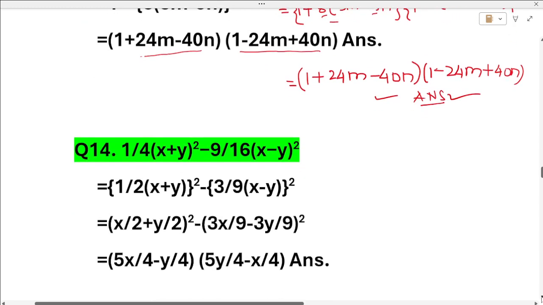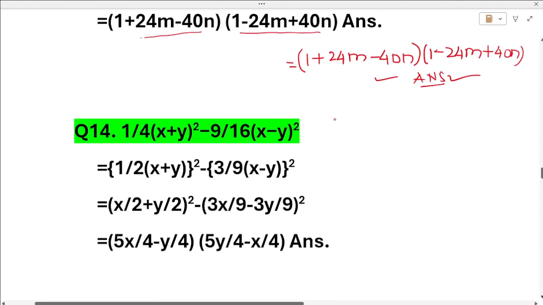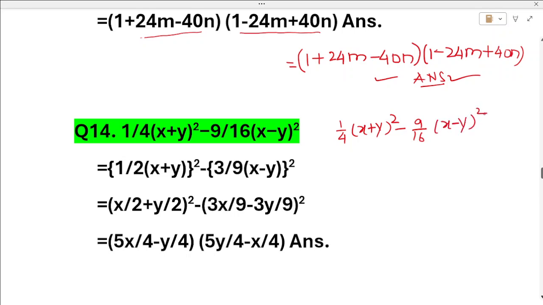Now come to question number 14. What does question number 14 say? It is given 1 by 4 (x plus y) whole square minus 9 upon 16 (x minus y) whole square. Let us express it as a squared quantity.